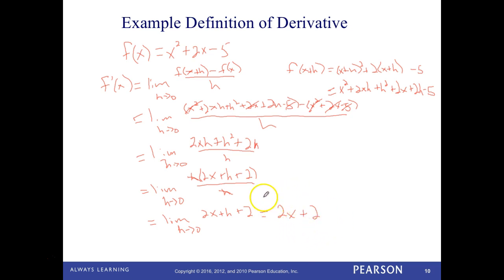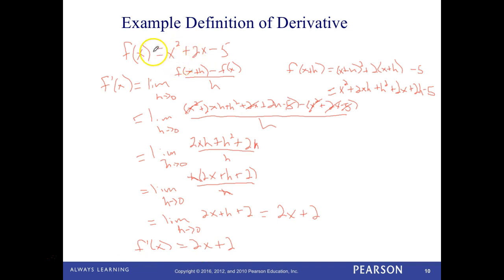Now this function, and I'm going to write it again down here, is f prime of x equals 2x plus 2. This function will tell me the slope at any point on this graph. Okay? That's the significance of a derivative function.